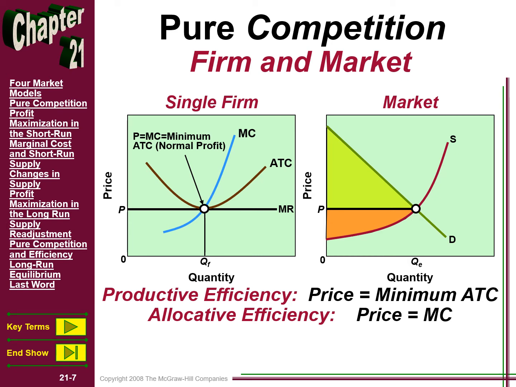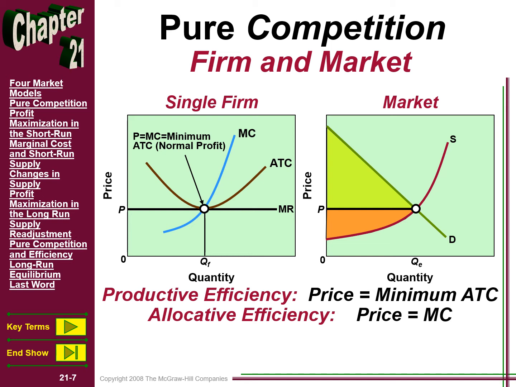The MR equals MC rule applies to all four market models. This firm, the single farm, should produce where marginal revenue equals marginal cost. That's at QF level of output. We see our white dot in this graph, denoting where MR equals MC.